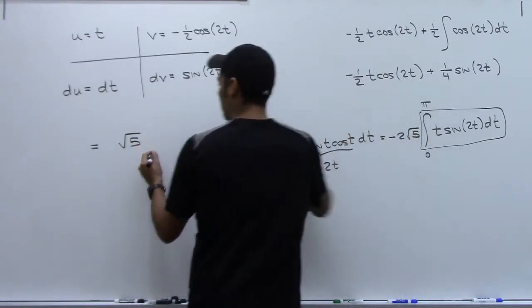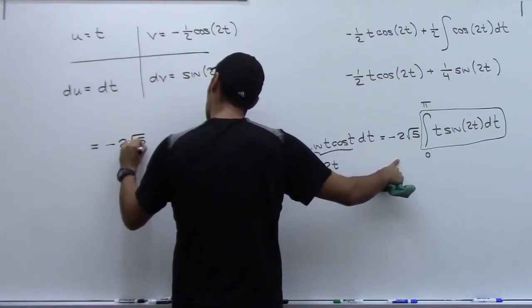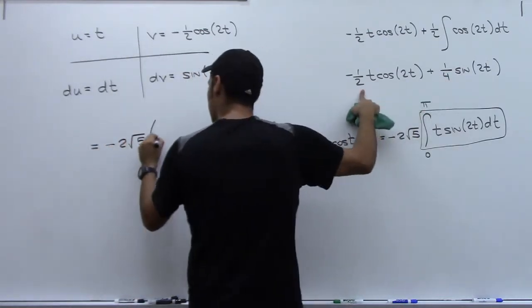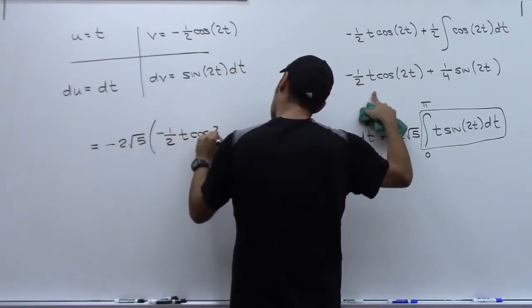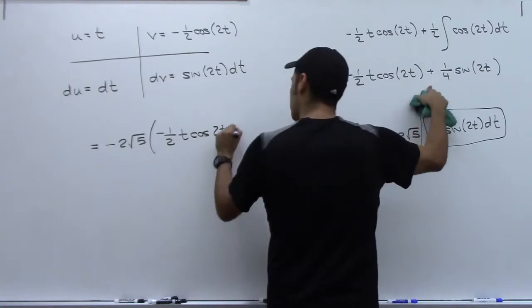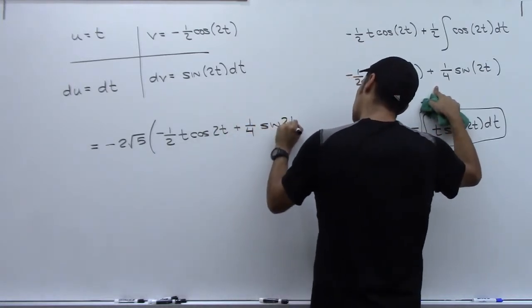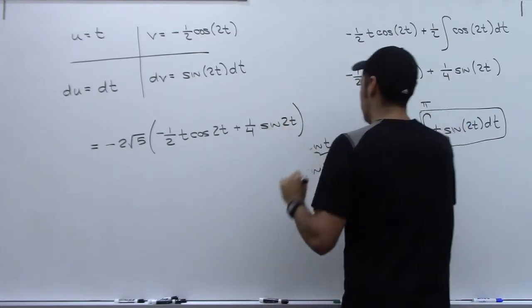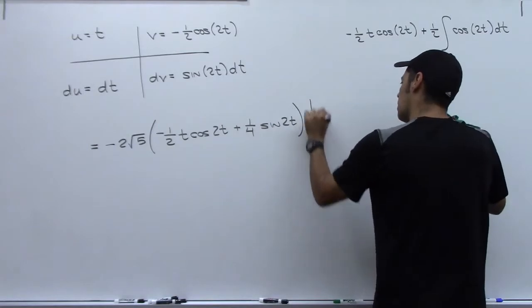No, it's all that. Let me be safe here. Hold on. Negative 2 root 5 times all of this: negative 1/2 t cosine 2t plus 1/4 sine 2t evaluated from 0 to pi.